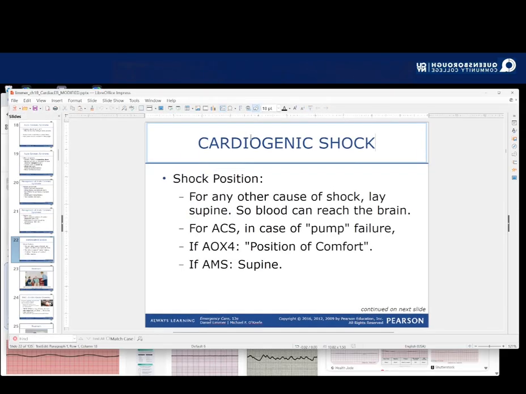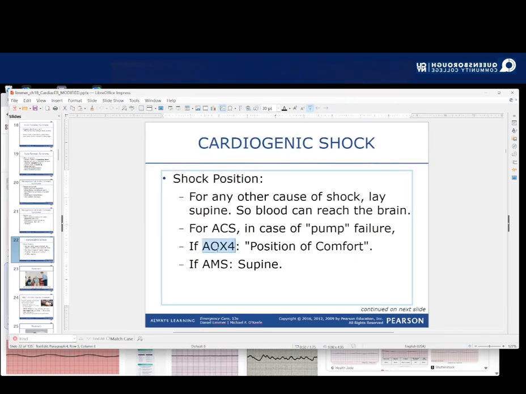If it's cardiogenic shock, if you suspect cardiogenic shock and the patient is mentating appropriately, then position of comfort. But if they're not mentating appropriately, if they are altered mental status, which means any one of these 4 questions, what's your name, where are you, what day of the week is it, what do you think is going on, if any one of those questions is answered inappropriately, they are now altered mental status, and you turn them supine.